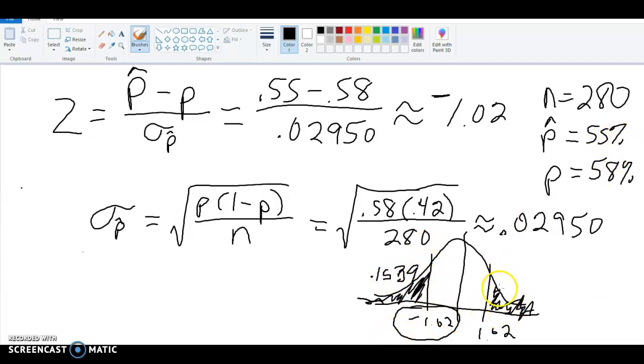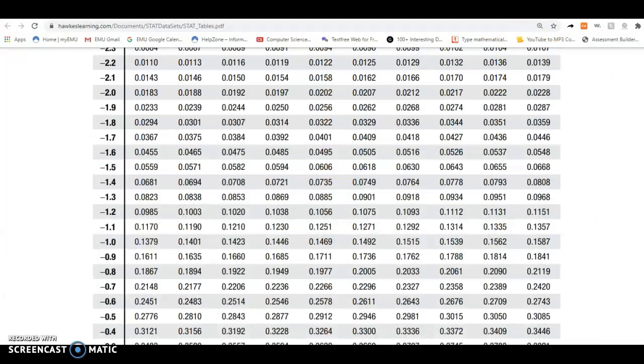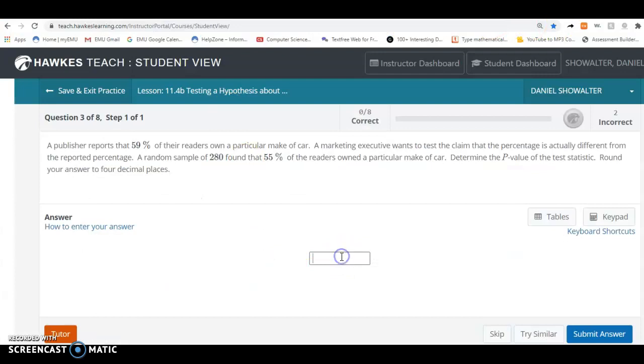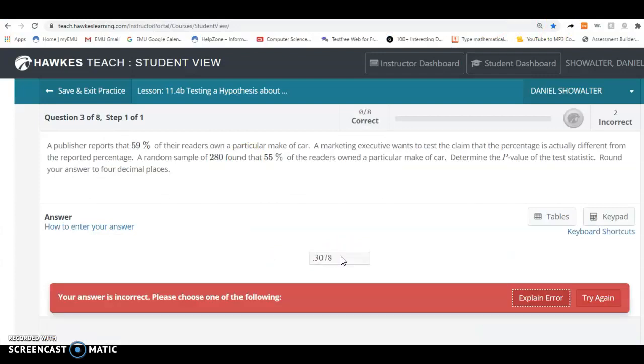There's also another 15.39% that we could get probably 61% or higher, which would be the same distance away from that. And because the question itself said different from, we need to add both of those. So we're just going to multiply this by 2, the 0.1539, which should give us 0.3078. We'll go try that.